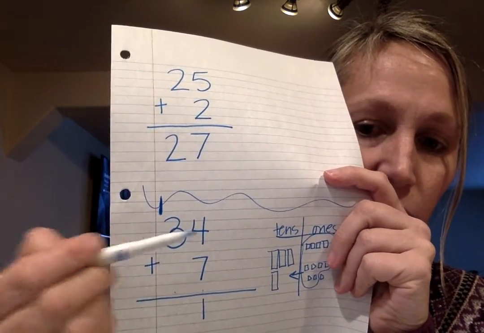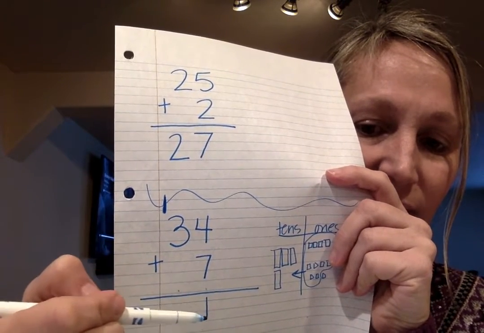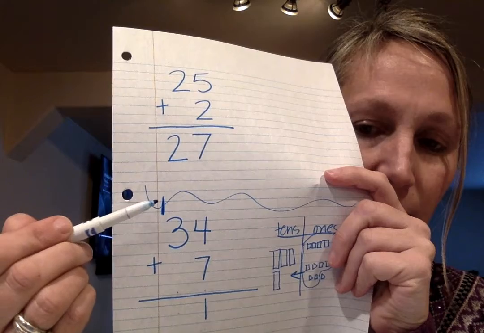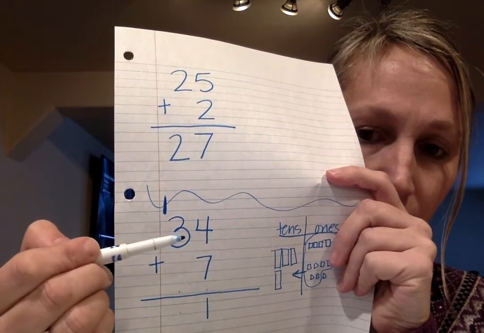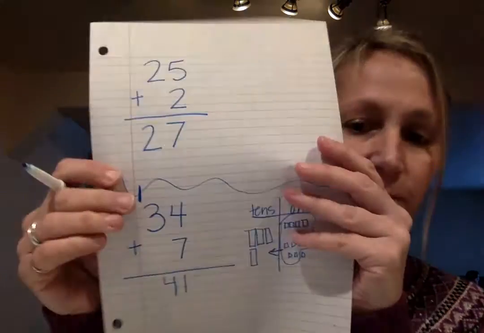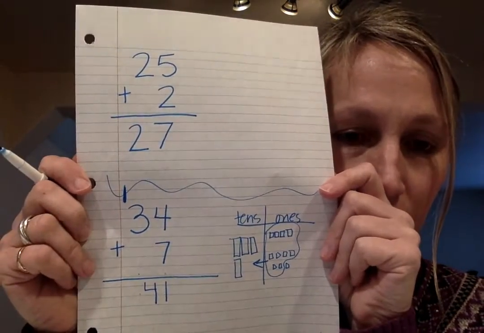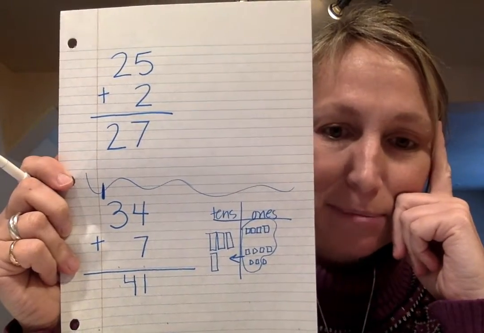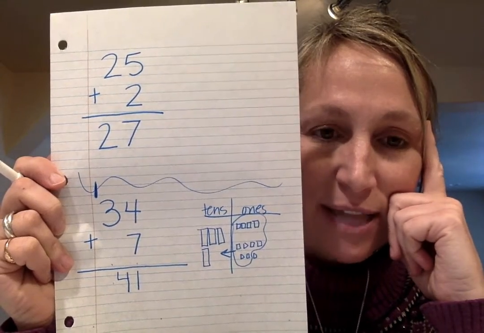So we're going to place a 1 and we're going to carry a 1. So 4 plus 7 is 11. There's your 1 in the ones column and 1 in the tens column. 1 plus 3 is 4 for 41. That's not my best 4, but you hopefully understand what I'm saying.